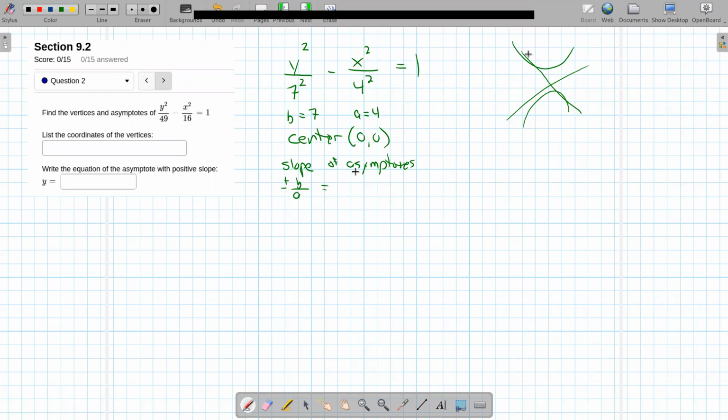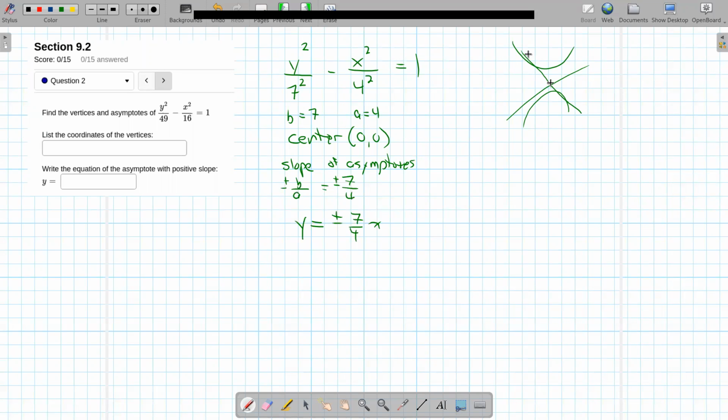So that's going to give me 7/4 plus or minus. And since the center is 0, I don't have to worry about shifting the line through the center. So the asymptote should just be y equals plus or minus 7/4 x.